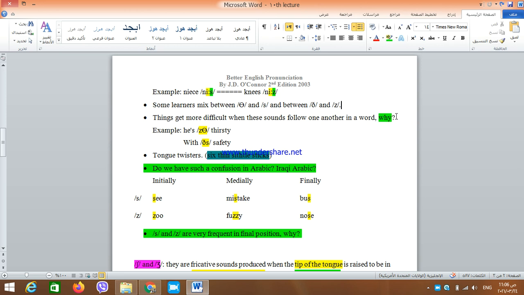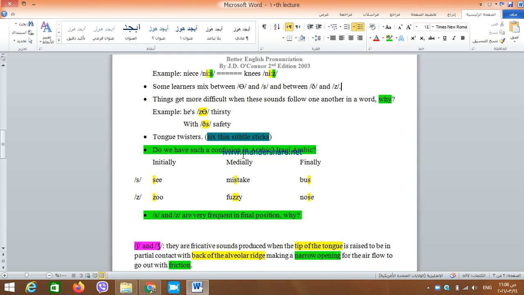Okay, now why do you expect these combinations or adjacent consonants are difficult to pronounce? You may think of this. Why a word like "thirsty" is sometimes difficult, "safety", okay, they are somehow difficult to pronounce.